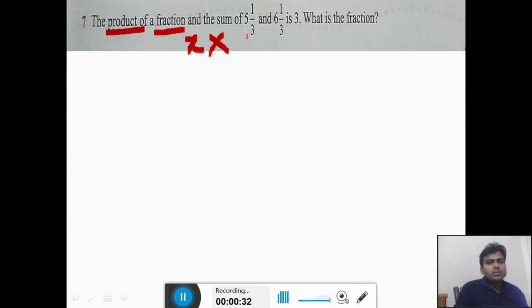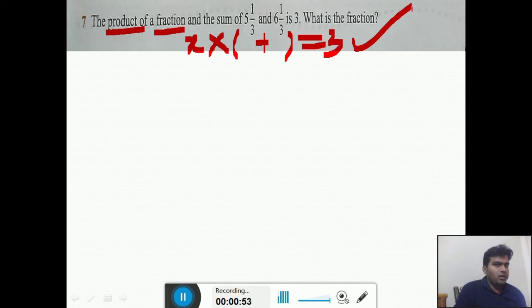So what we have to do? We have to add these two numbers, 5 complete 1 upon 3 and 6 complete 1 upon 3. The product of the fraction and the sum of these two numbers is 3, that means equals 3. So this expression is formed.